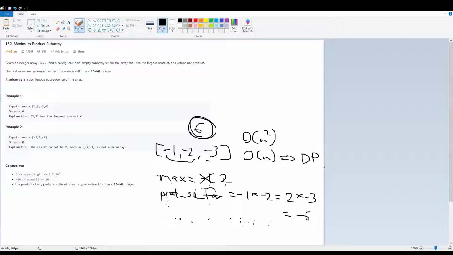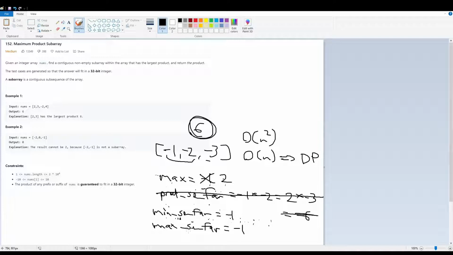So what could we do in this case? Well, instead of keeping a product so far, what we could do is keep a min so far and a max so far variable. Now what's the point of this?